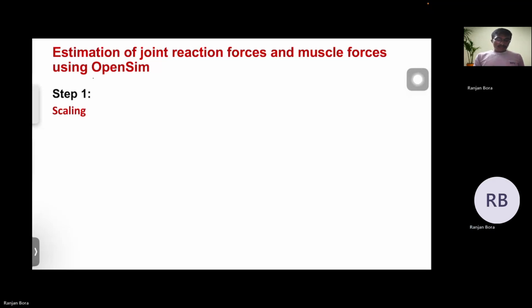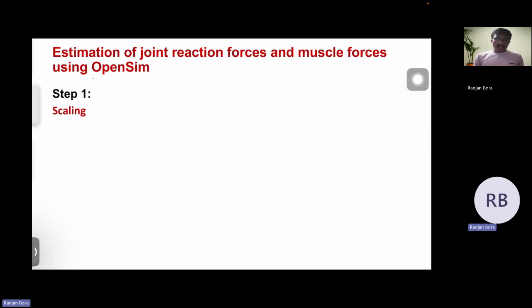And using OpenSim, we can estimate the joint reaction force and muscle forces for different activities performed by the musculoskeletal model, if we have those three data: one was the anthropometric data, one was the kinematic data, and one was the ground reaction force data.